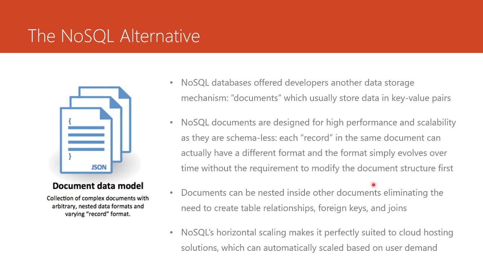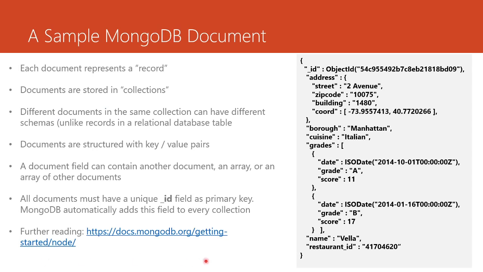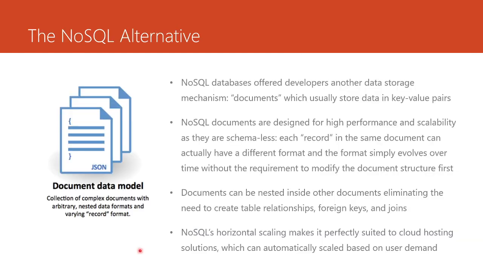To be clear, there still is something that mimics a primary key. It's called the ID field. It does act in the same sort of mentality as a primary key, but it's an ID field. And when we nest these things, we're able to eliminate foreign keys and joins.